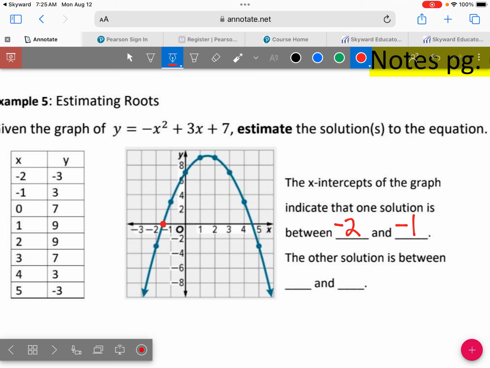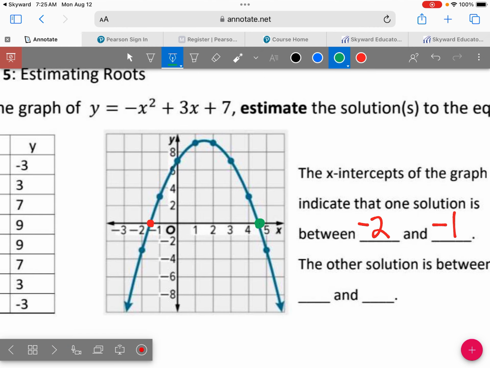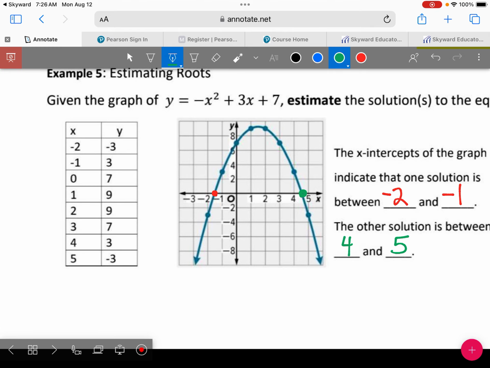And our second x-intercept is right here. And what is that between? 4 and 5. Now, looking at a table, how can you tell that that's where your solution is going to fall? Because sometimes you don't have a graph, you just have a table. What you want to look for is a sign change.